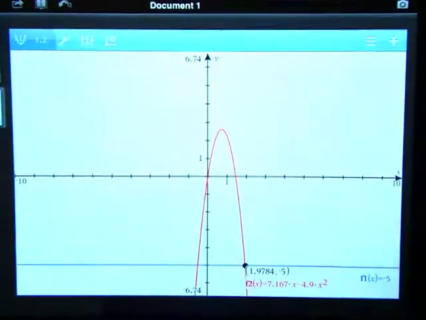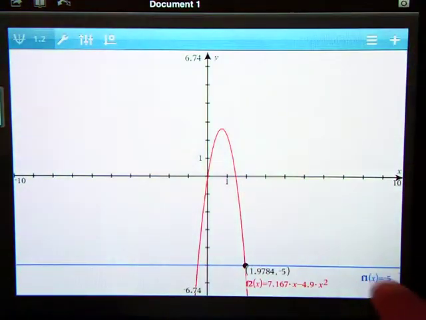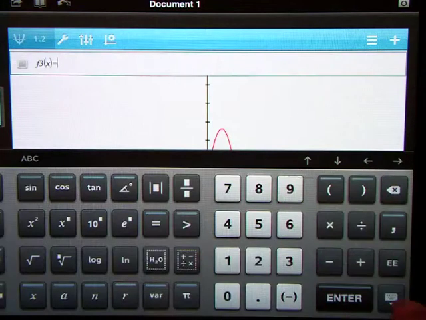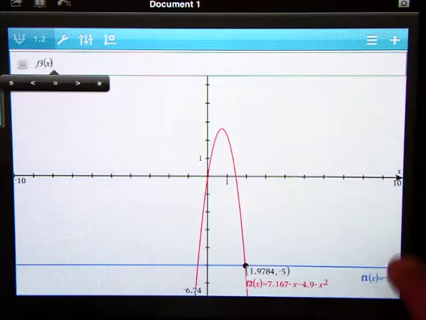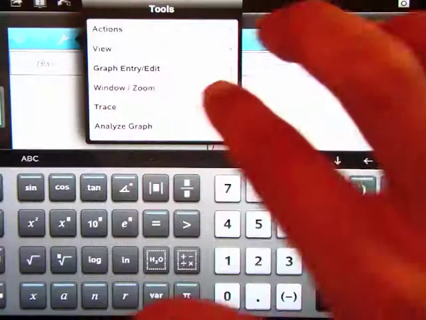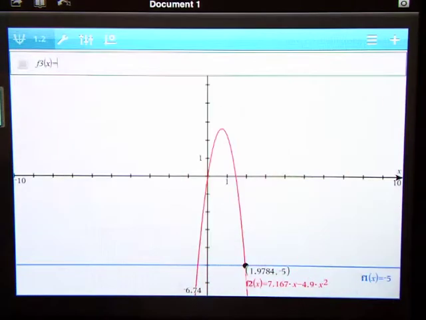Okay, all I've done here is I've plotted two functions. So the first one I put in, well, I don't want to add another one. Let's go back. I don't need a third one. Where do I see my first one? That's the problem with new things, okay?